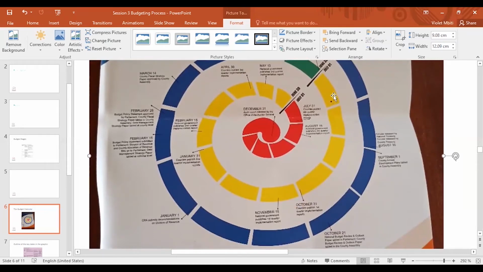So you can also see here that by October 1st, counties need to publish the first quarterly implementation report, because they have started in July, August, September. So the first quarterly implementation report from the county is expected in October.